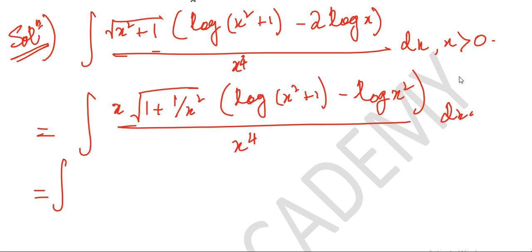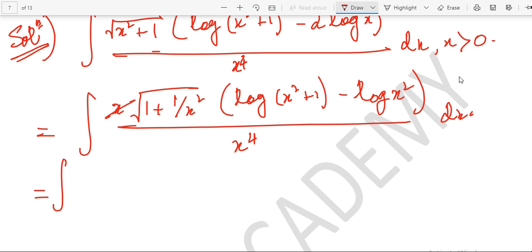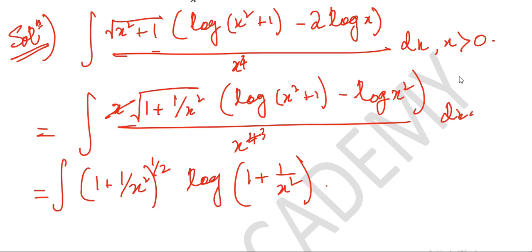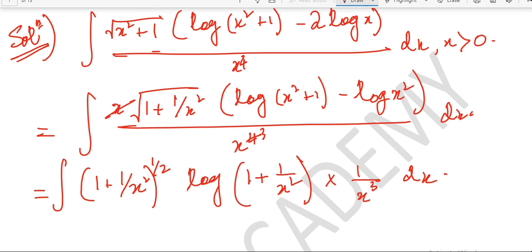Now this x and this is x cube now. Okay, this is x cube. So we have 1 plus 1 by x square whole to the power half. Now again we have log of 1 plus 1 by x square, and we have 1 by x cube dx.